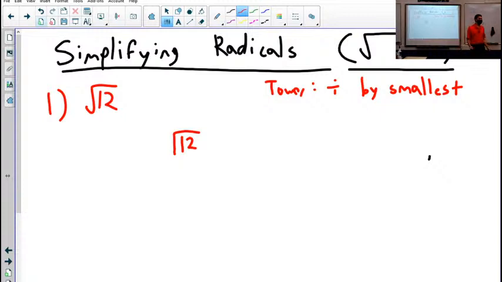This will give us prime factorization. So the smallest number we'll divide by is going to be 2. 1's not going to help us because divided by 1 doesn't do anything. So we're going to start with 2.